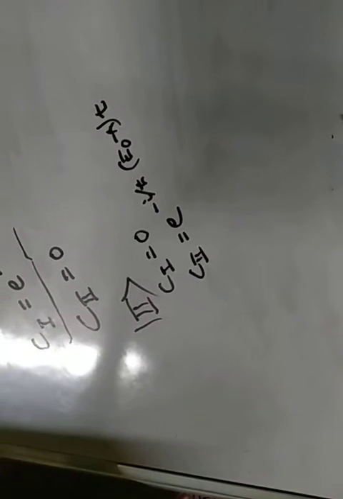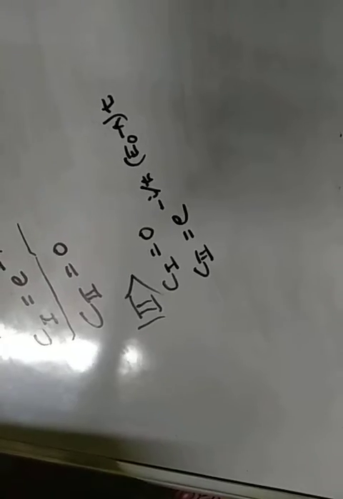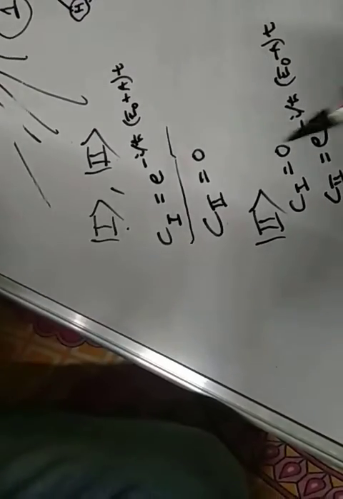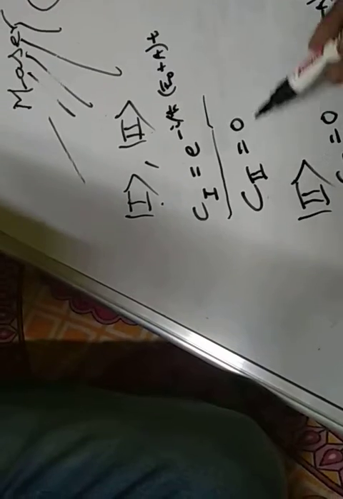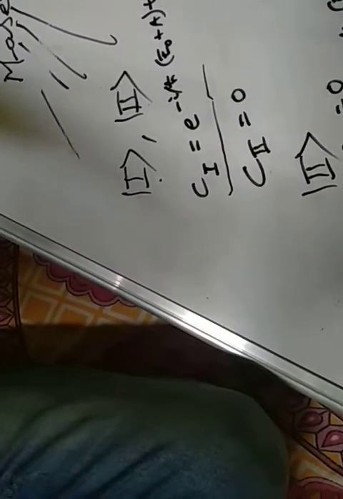Okay, now if they were in a mixture of states, then we would have this C1 and this C2. We wouldn't have 0, but we have 0 here because we are considering pure states.